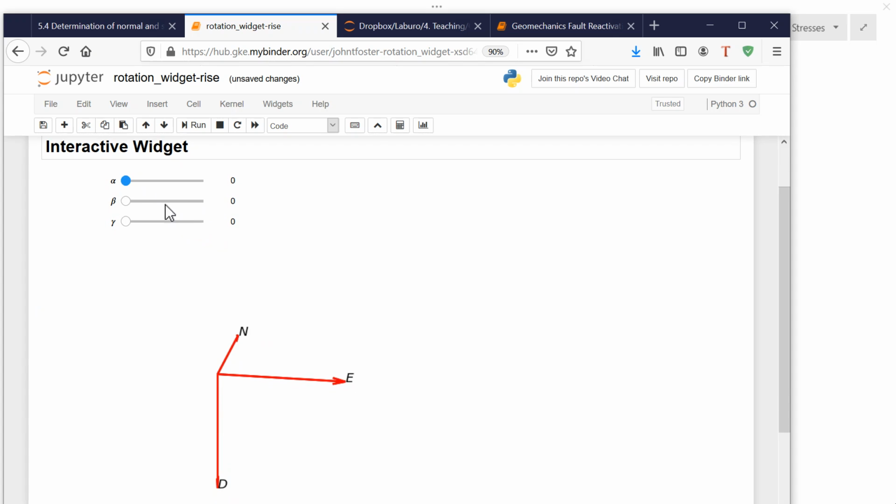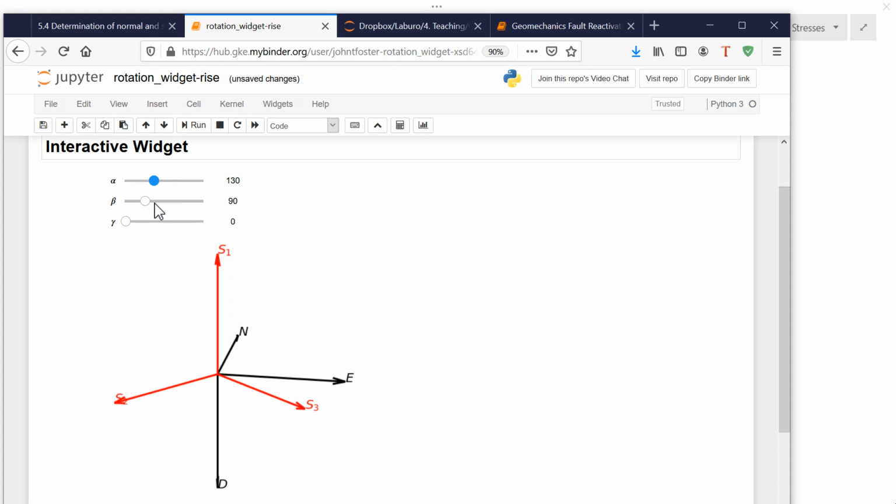If beta is equal to 90, now we have a case of normal faulting because the maximum principal stress is vertical and S3 is horizontal, and now alpha is going to be the angle between the north and S3 and SH mean.